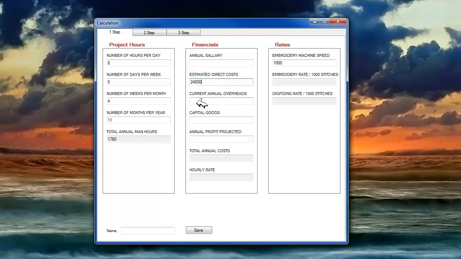Now, current annual overheads, although I'm going to put my staff members' hours in at the top there on the left-hand side, my staff members' salaries need to go in on my overhead side here. So, roughly, if we run a business, let's say 240,000 rand a year, that's $24,000 a year on overheads.